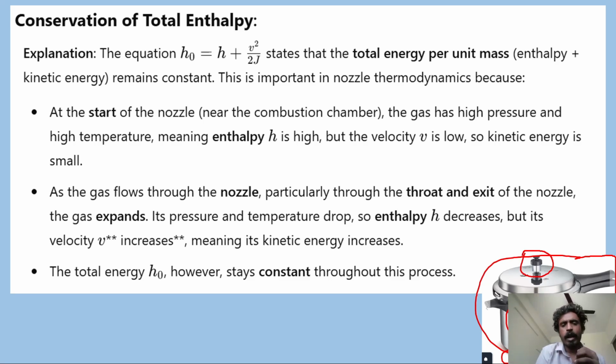So at that point, what happened? Energy is conserved. The thermal energy of the gas, which it acquires during the process of heating, is converted into kinetic energy of the gas. The conservation of energy tells us that the energy of the gas inside should be equal to the gas exiting at a very high speed. At the start of the nozzle near the combustion chamber, the gas has very high pressure, but the velocity is low.